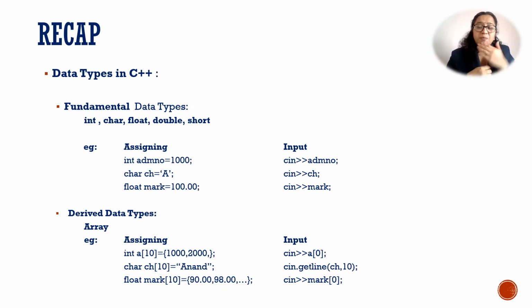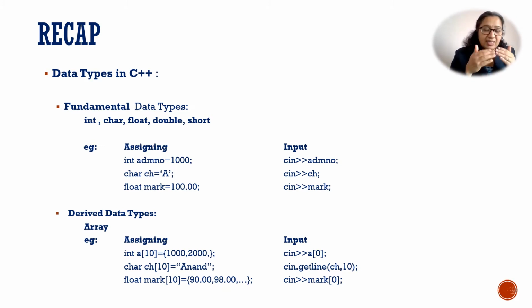But what is input? Input means I don't want to assign any value inside the program; the user wants to give the values at execution time. So how can they enter? We use the cin statement. The format is cin, then the redirection symbol, and ADMNO as the variable name.